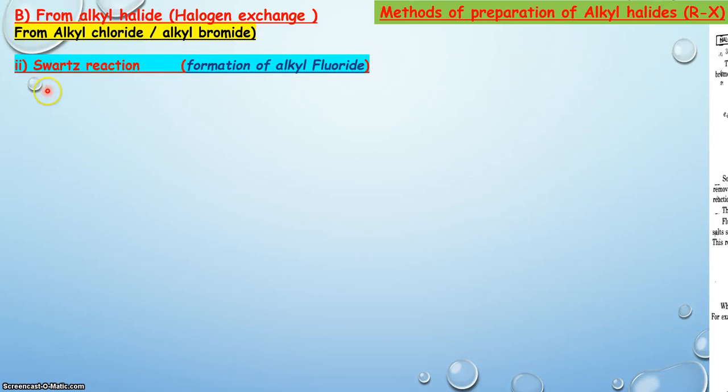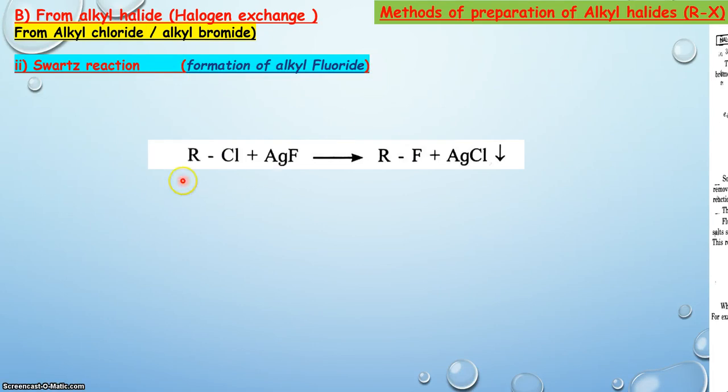Let us understand the next name reaction, that is the Schwartz reaction. This reaction is specifically used for the formation of alkyl fluoride. Remember students, the Schwartz reaction is used for the formation of alkyl fluoride. Here is the general reaction where alkyl chloride reacts with silver fluoride. This is an example of a metal fluoride.